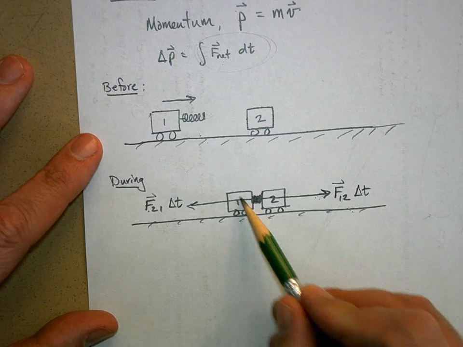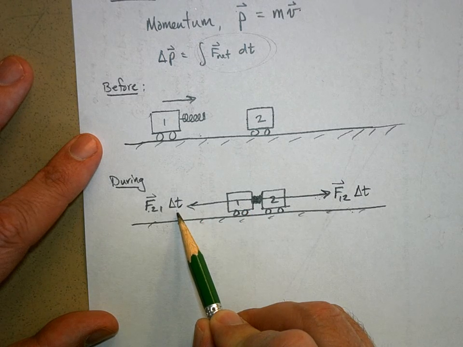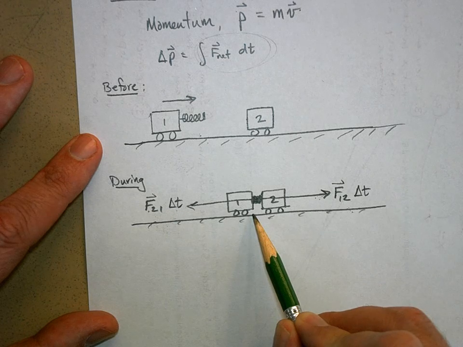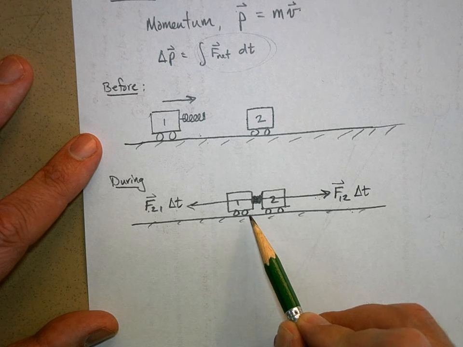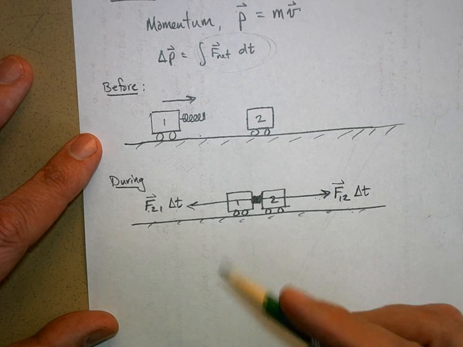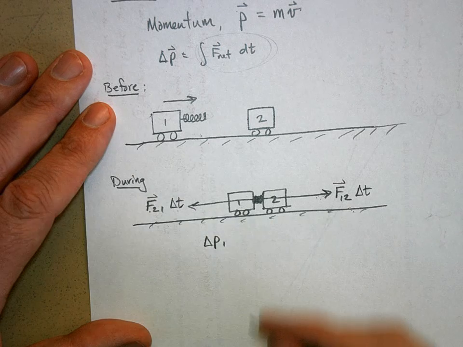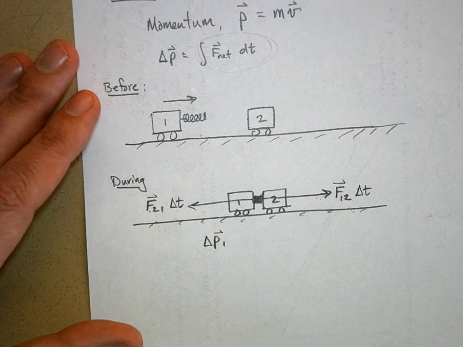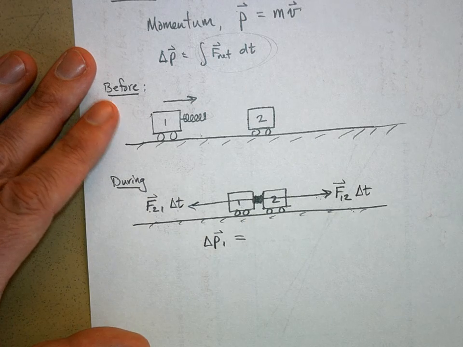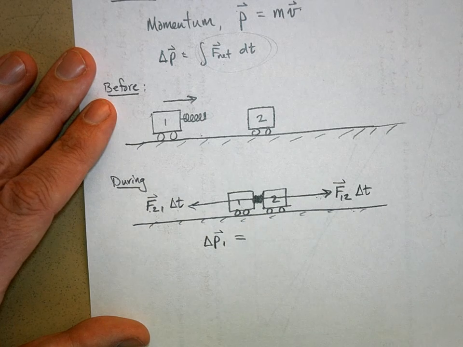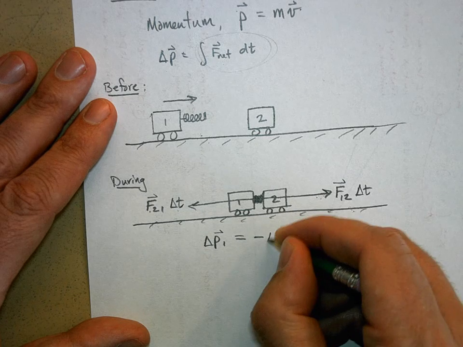So really, this force times the amount of time that that force is applied represents the impulse acted on object 1. And that impulse is also equal to the change in momentum of object 1. So the change in momentum of object 1 will be equal to the change in momentum of object 2, but in the opposite direction.